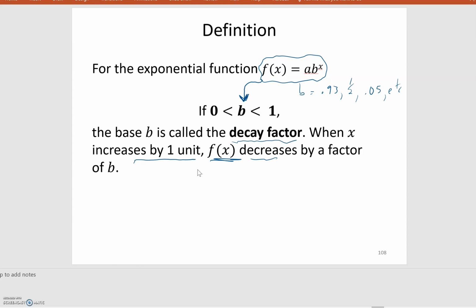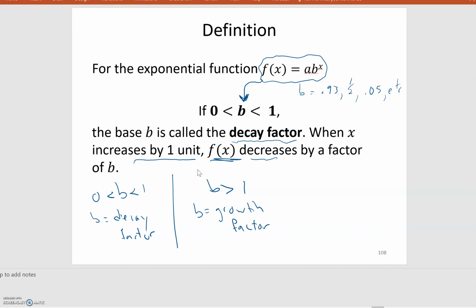So it's a multiplicative decrease, okay? So just to be perfectly clear, b is, whoops, almost wrote the wrong thing. b is the decay factor when b is less than 1, and when b is greater than 1, b is the growth factor.